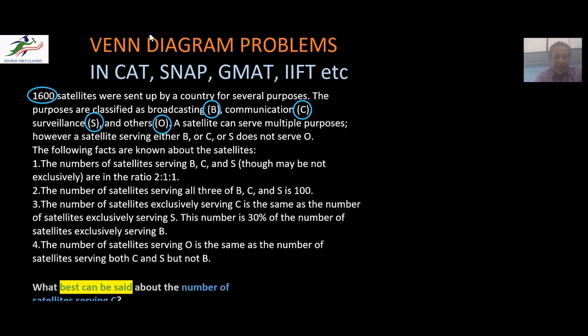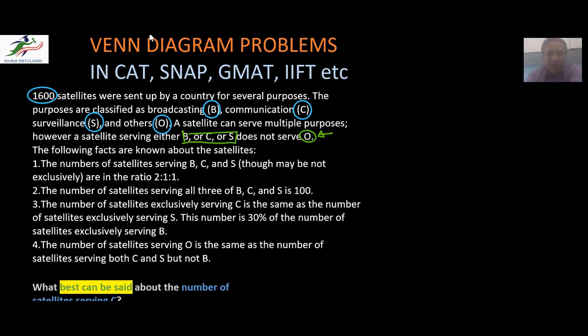And there is some information given about them. It says that a satellite can serve either B, C or S, but will not serve O. So this is one condition. Any satellite that serves any of these three categories will not serve the other category. And then there is a set of other conditions given.